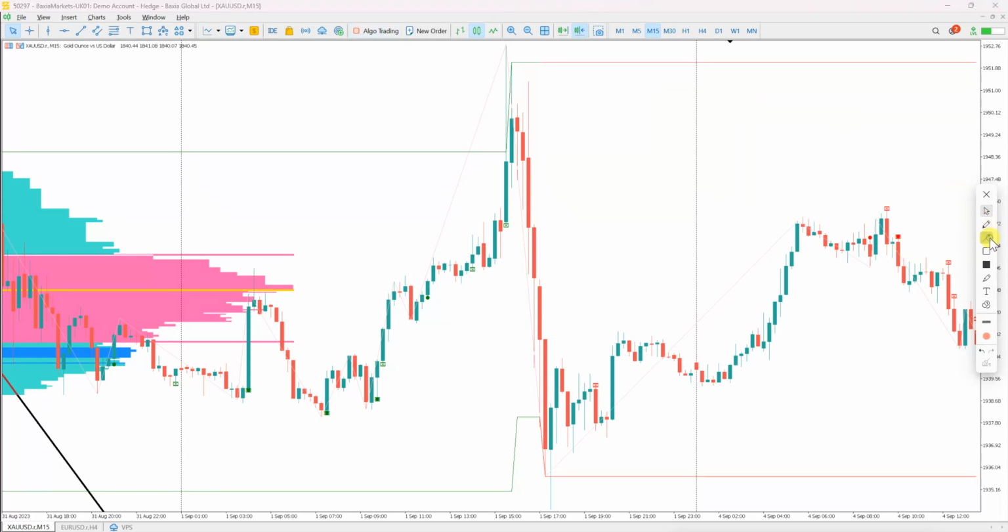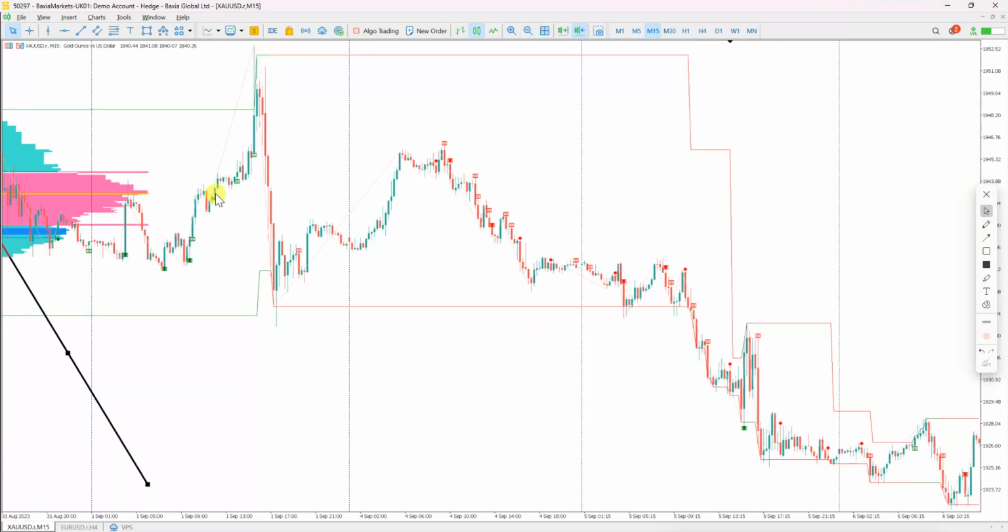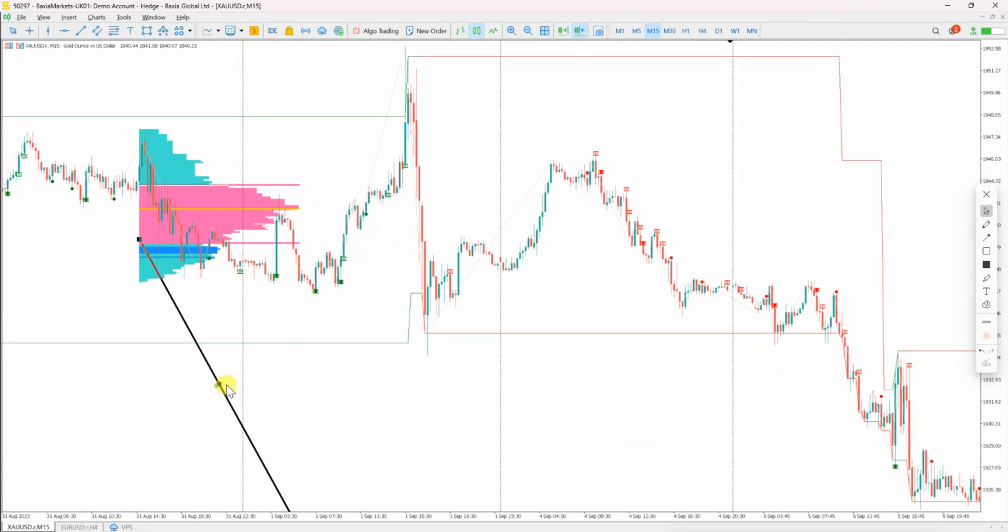Notice the high of this candle and the low of this candle, it doesn't touch, doesn't cross, right? There's a gap between them. And same here, there is a gap. And with the volume profile, you can have more clarity.